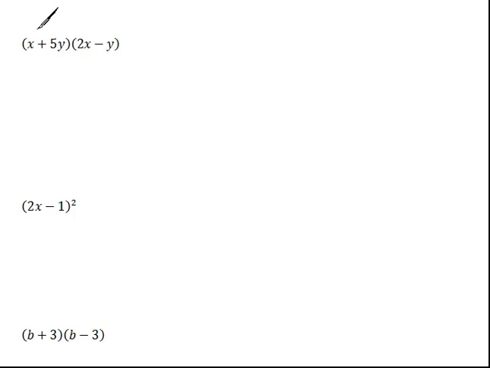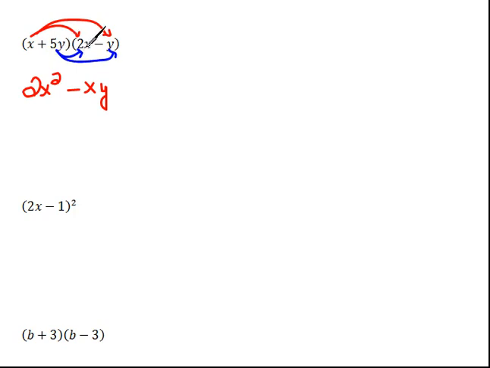So let's look at this next one. Here again, we're going to distribute the x. We have x times 2x is 2x squared, and x times negative y is minus xy. Now let's multiply the 5y throughout the parentheses.